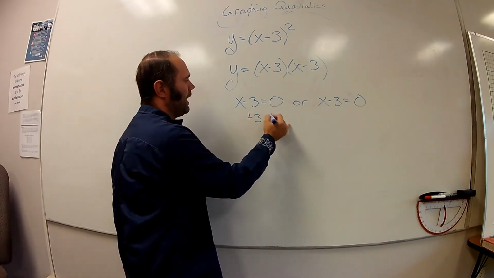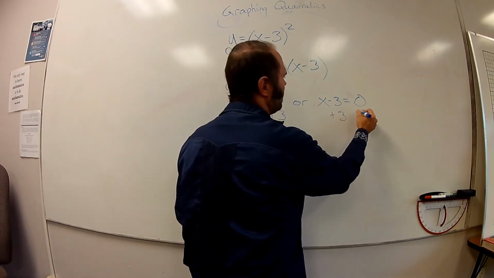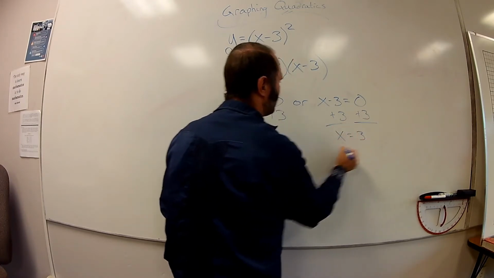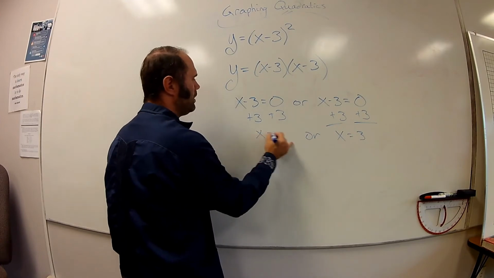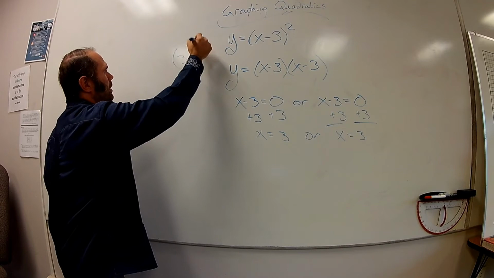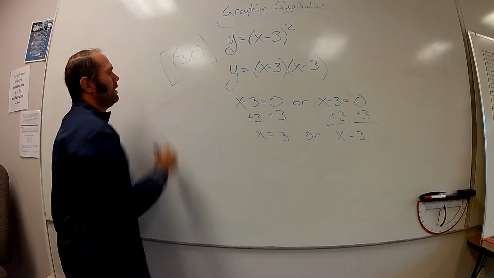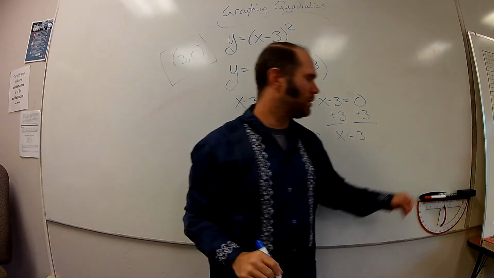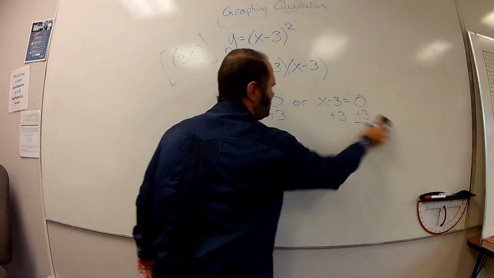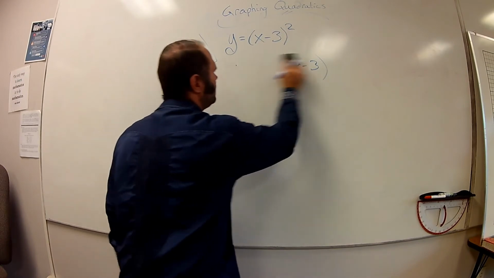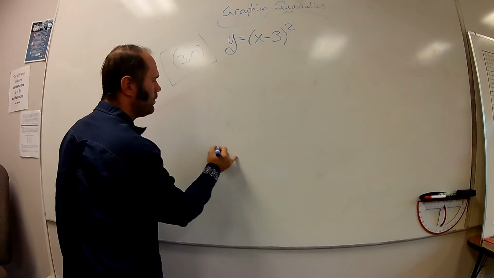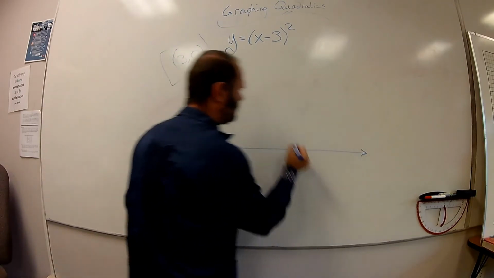So we're going to add 3 to both sides, add 3 to both sides, and we get x equals 3, or x equals 3. So 3 comma 0 is the only solution to this problem. So we are going to graph.